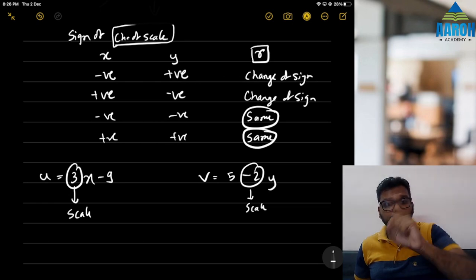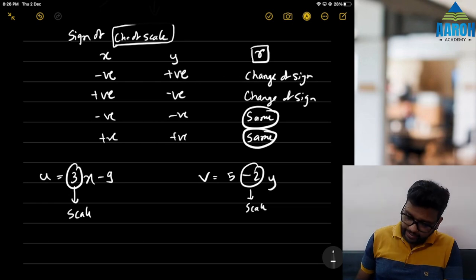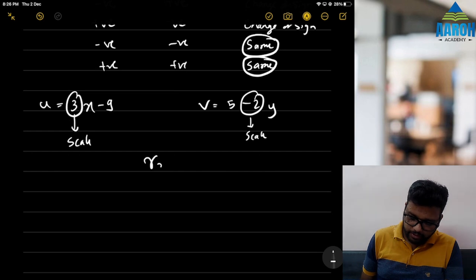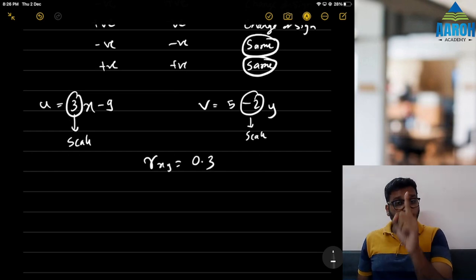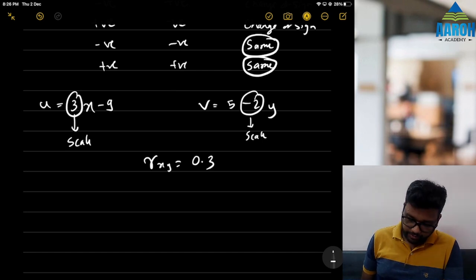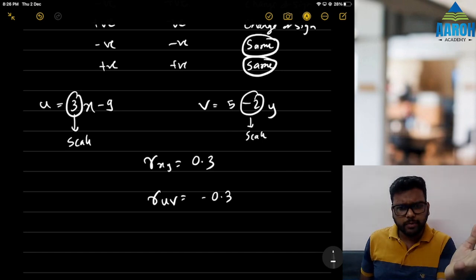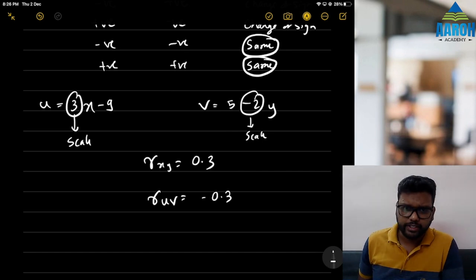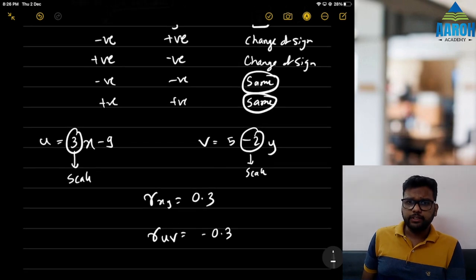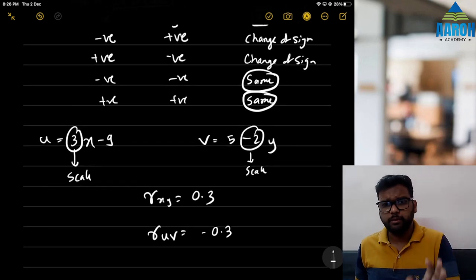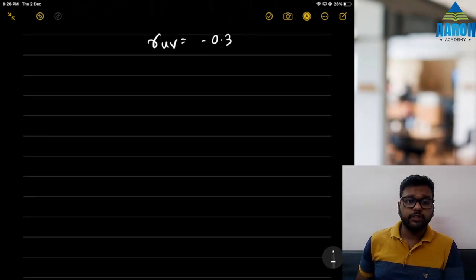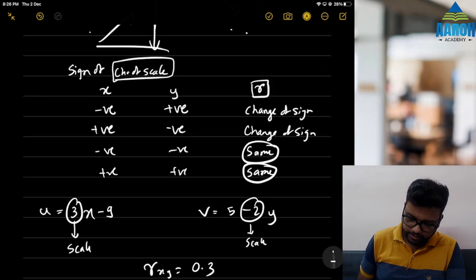If one is positive, the other is negative, and let's say the correlation coefficient between x, y was 0.3, then the correlation coefficient between u, v will become negative. It will change the sign. If the original was minus 0.3, now it will become plus 0.3. Okay, so it is not affected by change of origin, not affected by the value of change of scale. It is only affected by the sign of change of scale.